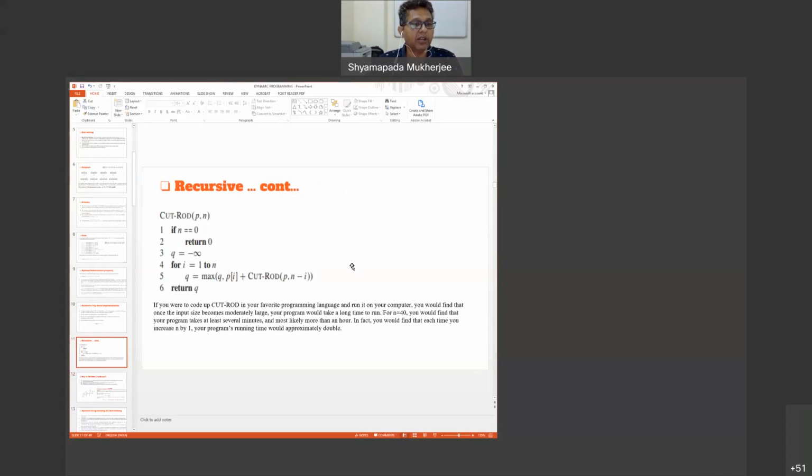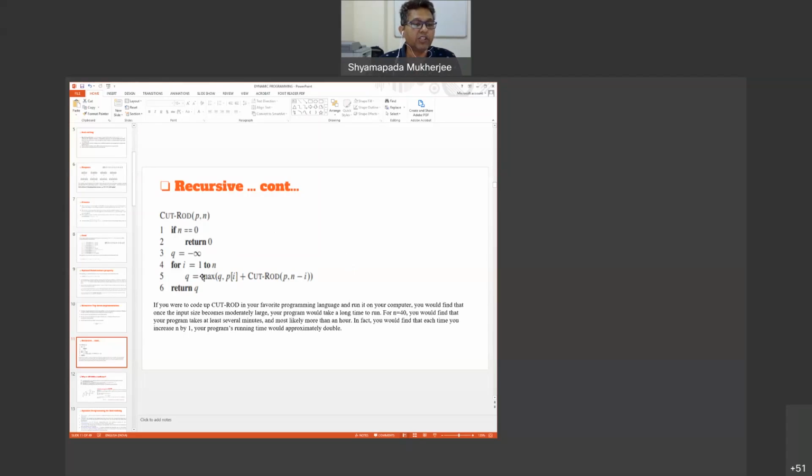So line 1 of the algorithm says that if n equals 0, then the optimal solution has value 0. If it is not, then we set one value q to minus infinity. It is used to compare with the values of the other optimal solutions, so we set q to a very small value to compare with the calculated value.